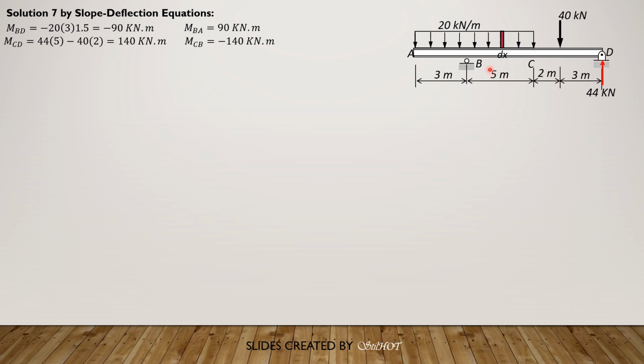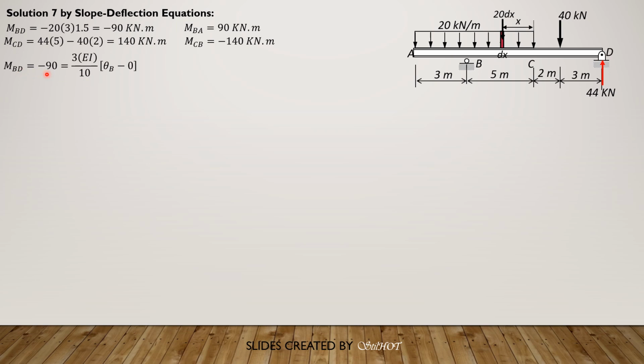So for fixed moment, for portion BCD, for example, let's consider this strip, and that is 20 dx, and our x is from C to that strip. So moment BD is negative 90, and because the moment at D is 0, we use 3EI over L, so 3EI over 10.